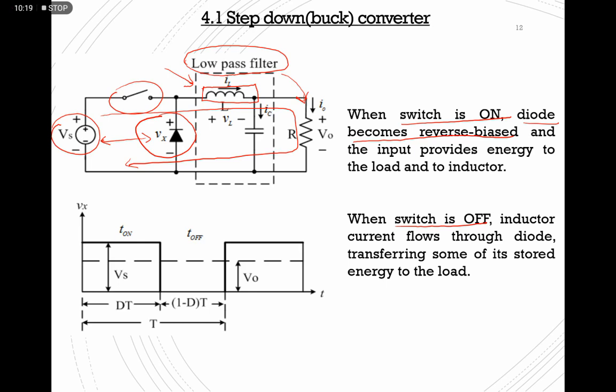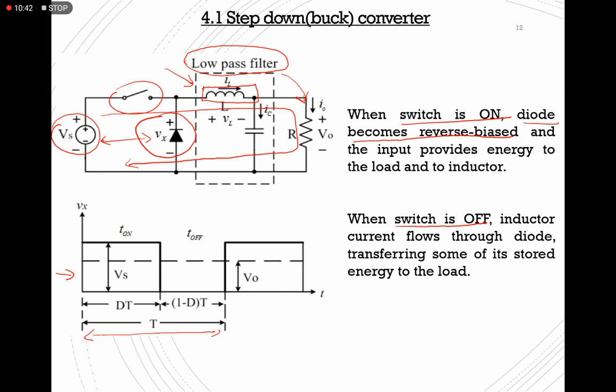With regards to the output waveform, it will be similar to the one that we saw previously. The turn on time will be equal to DT. Your turn off time will be equal to 1 minus D times T. Then you get one switching period over here.